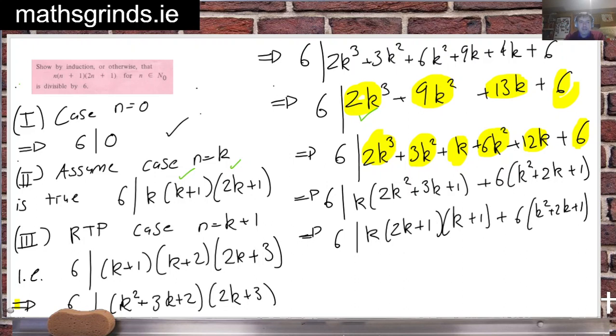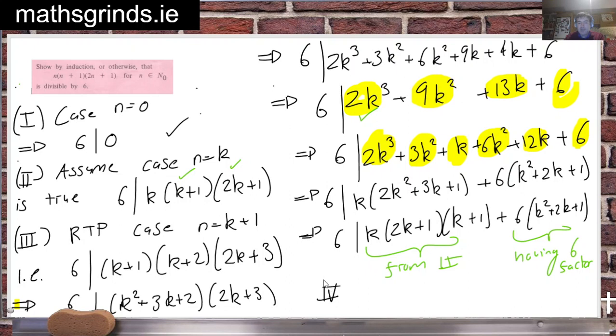Right, finally, this one is true from the assumption in 2, and this one is true from having the 6 as a factor. So both of these can be divided by 6, so the sum of them can be divided by 6. So we've proven what we needed to prove in case 3, or step 3.